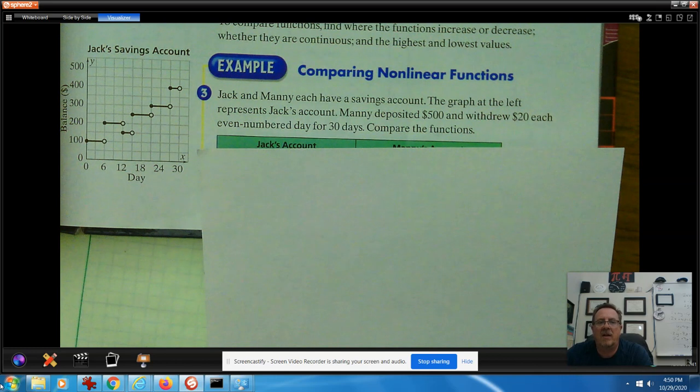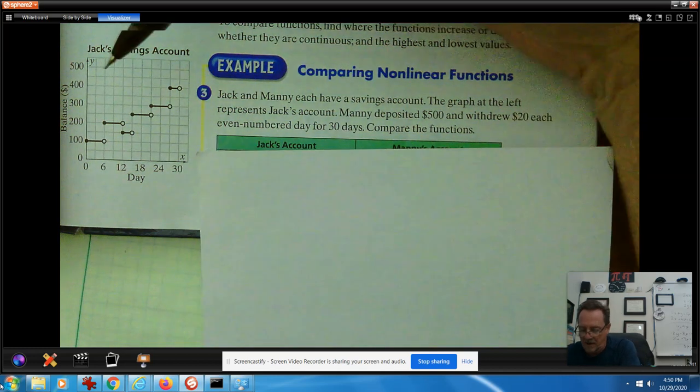He was at $100, but on day 6 he must have deposited another $100 into his account, because on day 6 through 12 he had $200 in his account. What happened on day 12? Well, on day 12, he must have taken some money out of his account. How much money? It looks like he took $50 out.